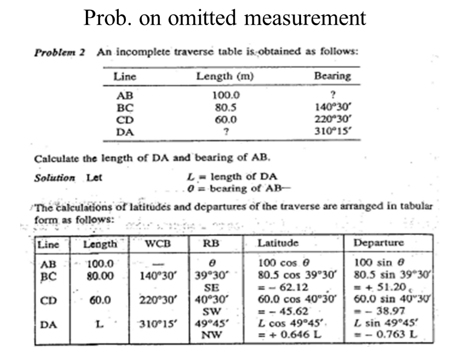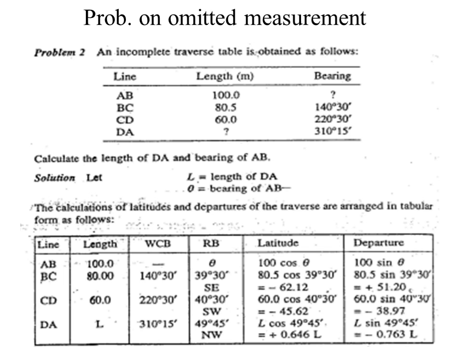So we arrange line, length, whole circle bearing, reduced bearing, latitude and departure. First of all, since the given bearing is in WCB, we have to convert the WCB into reduced bearing, which is given in the reduced bearing column. So 140°30' is the WCB of BC.